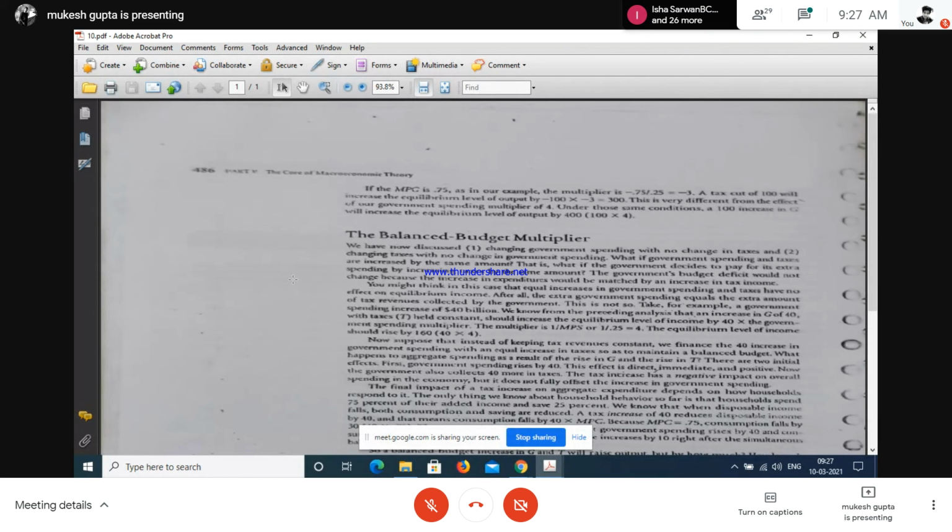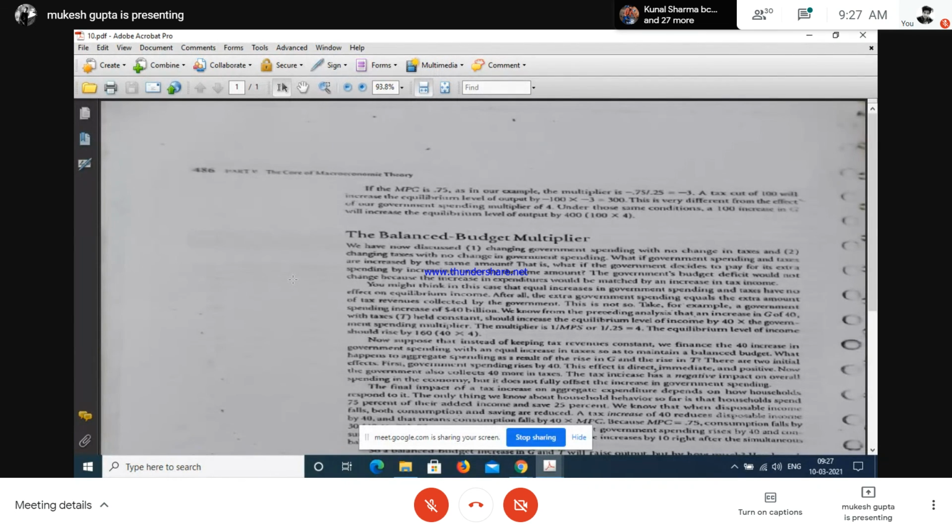So what will happen if the government collected net tax of 100 crore and spent this 100 crore in the economy? Will it affect the national income or not? In the first instance, it looks like the same amount of money that the government has taken away from the economy, that is 100 crore, government is again pumping 100 crore into the economy.